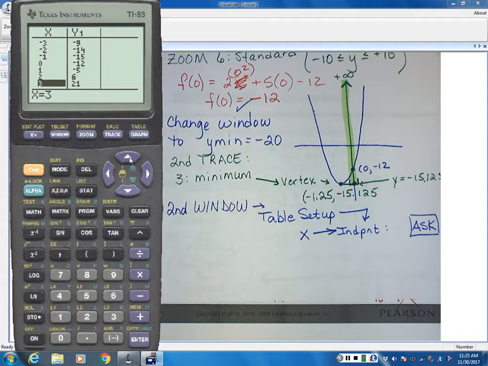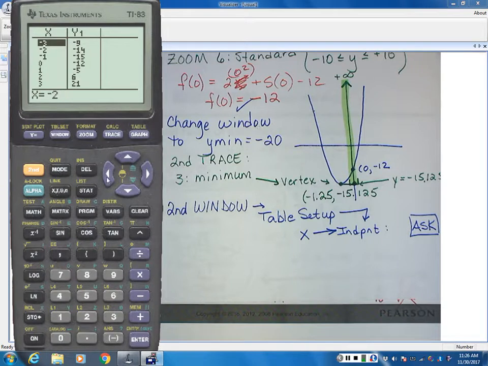So what we do is we go back up here and we try to go a little bit closer in between negative 2 and 0. So maybe I'll go negative 2. Let's see, well, I don't want to go as far as negative 2. I already know that.